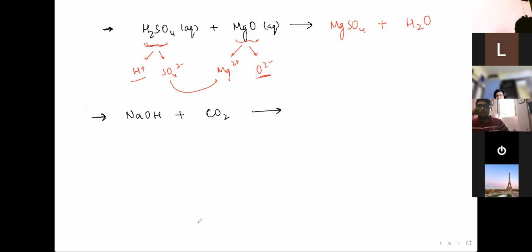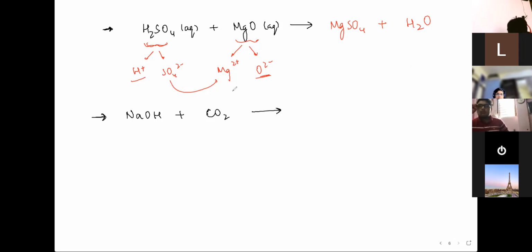So what would be the product formed in this case? So the funda is the same.